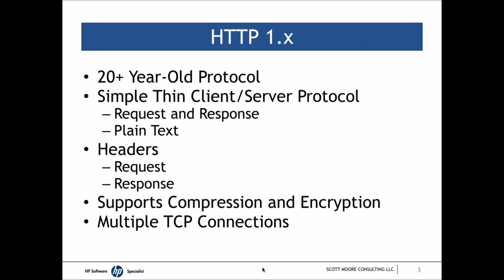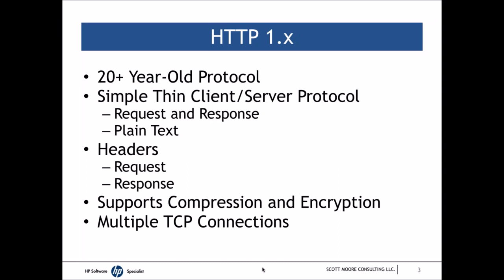First of all, note that HTTP1 has been around for about 20 years, a little bit more. It was initially intended to be a very thin protocol where we had simple requests and responses. It was meant for mostly plain text, maybe a couple of pictures, with simple requests and responses, GET and POST, GET and PUT.